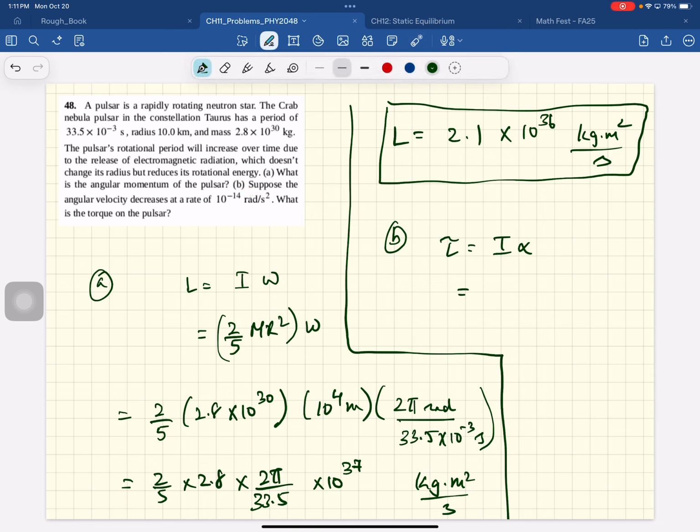So it's 2/5 mr squared times alpha. I guess we have to go through those numbers again. Let me do it on another sheet.